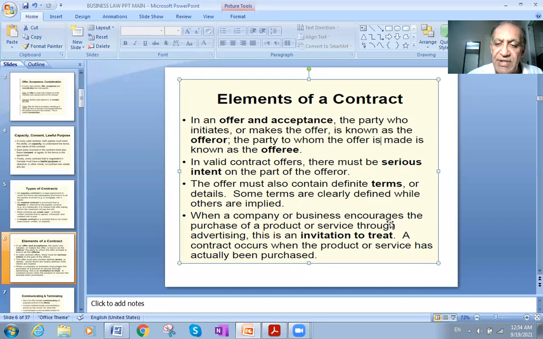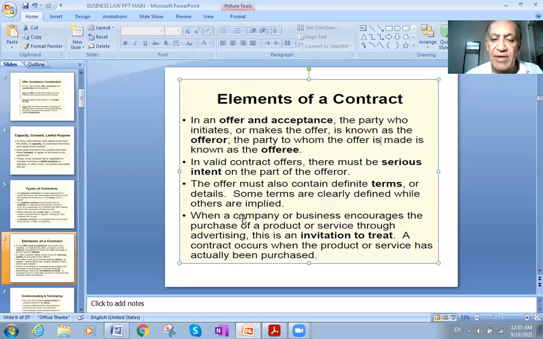When a company or business encourages the purchase of a product or service through advertising, this is an invitation to treat.